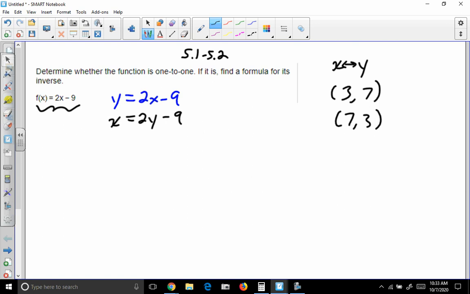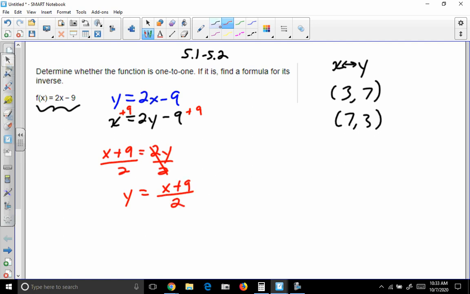So we change y to x and x to y. And then we solve this for y. So we want to add 9 to both sides. And then to get y by itself, we divide both sides by 2. So we get y is (x plus 9) over 2.